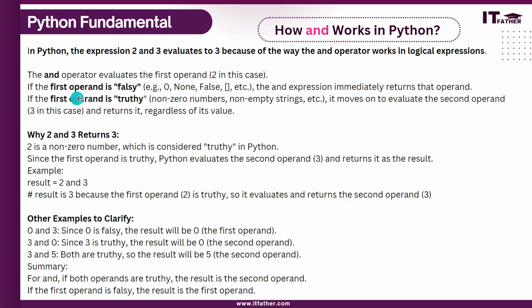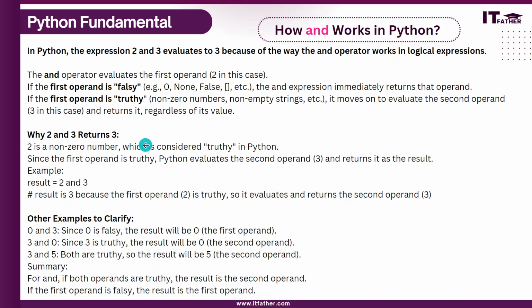If the first operand is falsy, meaning it is either 0 or None or False, etc., then the expression immediately returns that operand. And if the first operand is truthy, like a non-zero number or non-empty string, it moves on to evaluate the next operand. That is why it will return the next value.